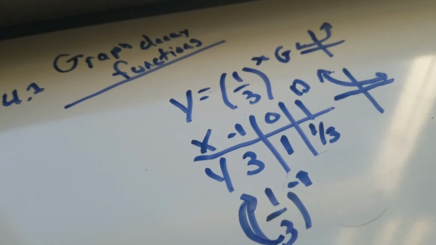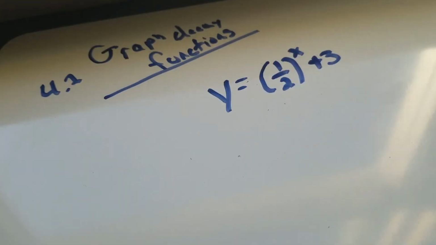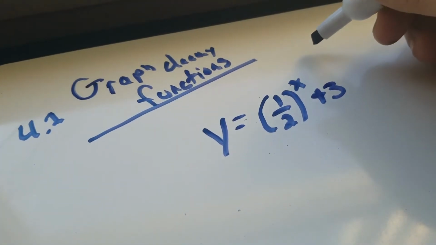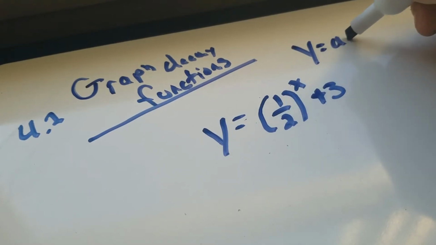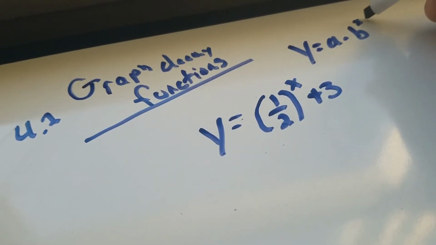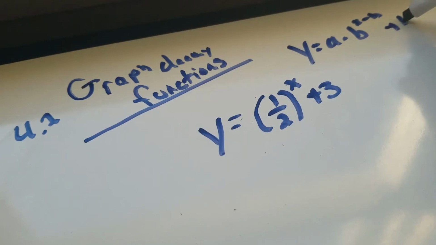Now, the next question is going to be practicing horizontal and vertical shifts. So we have our next question here: 1/2 to the x power plus 3. If you remember my formula from Thursday, it's going to be the same thing: y equals a times b to the x power, with a minus h in the exponent and a plus k.